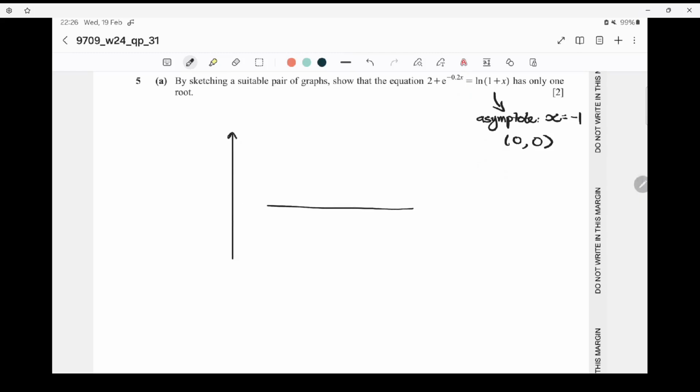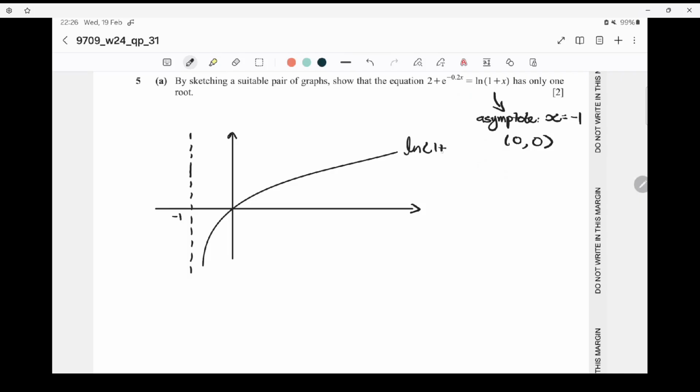So now you just sketch your graph. So for the first one, this is your ln graph. So essentially this is ln(1 plus x).